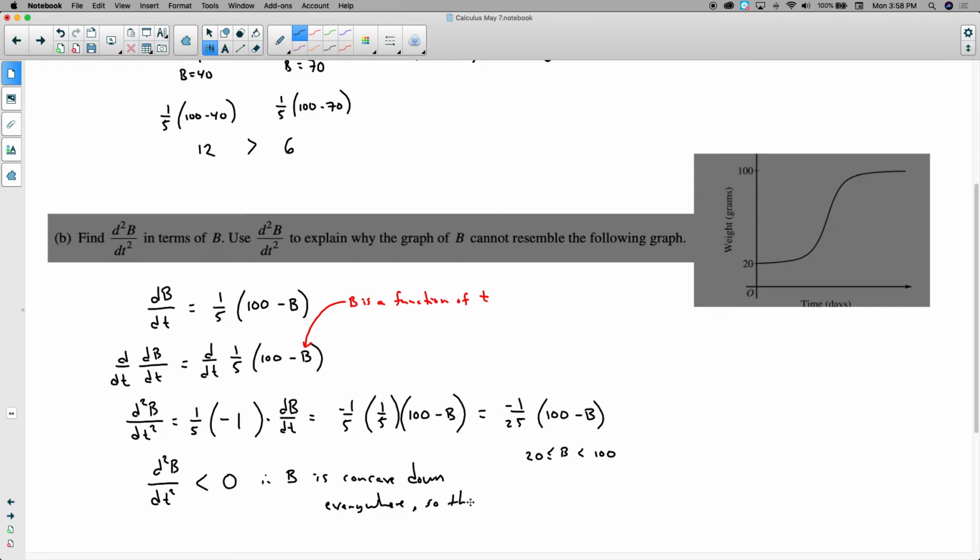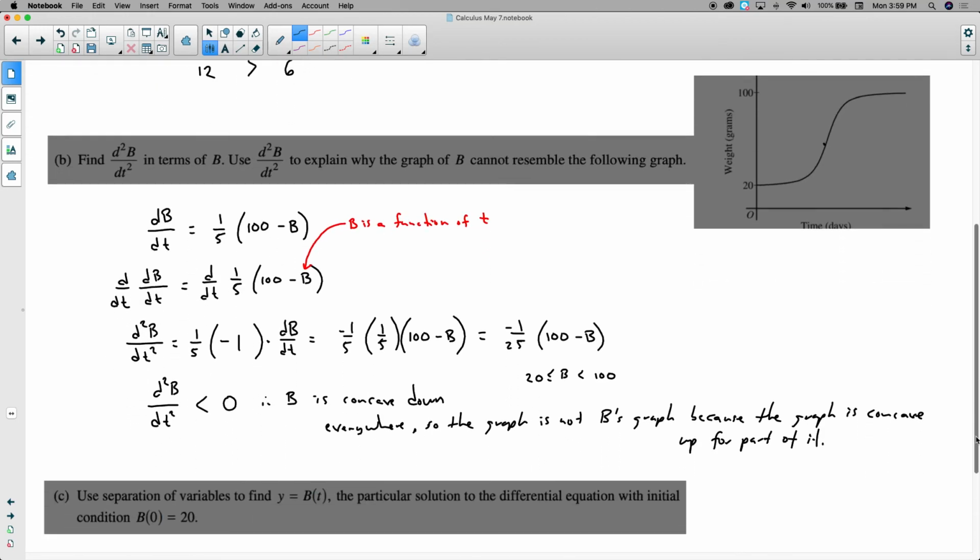So the graph is not b's graph because the graph is concave up for part of it. It's concave up right in there, right? This whole section here is concave up. All right, so that is my part B.